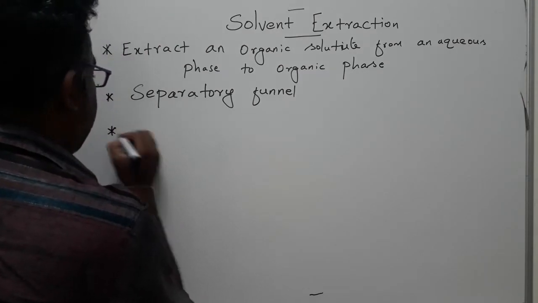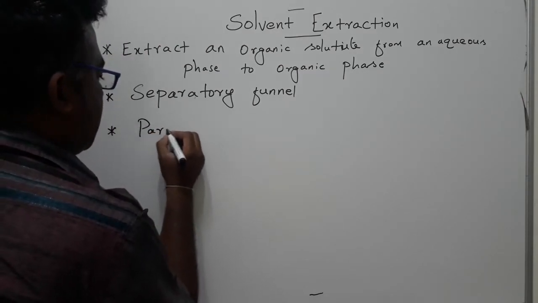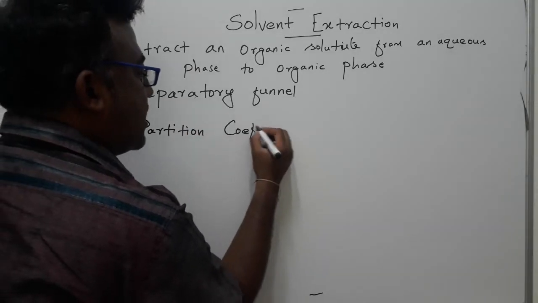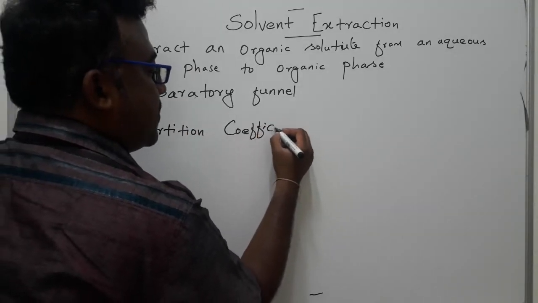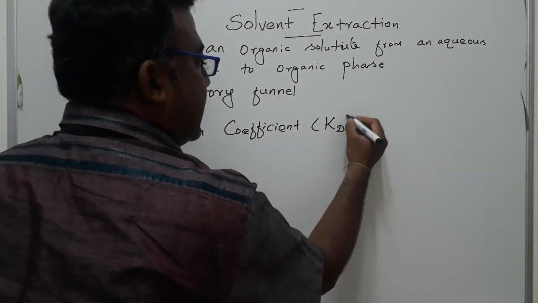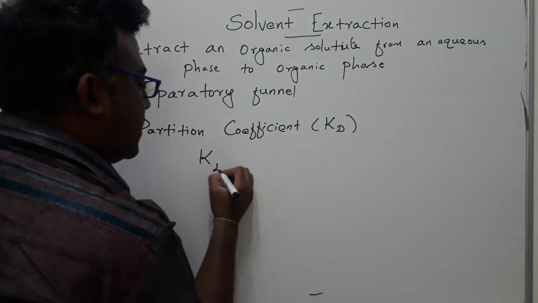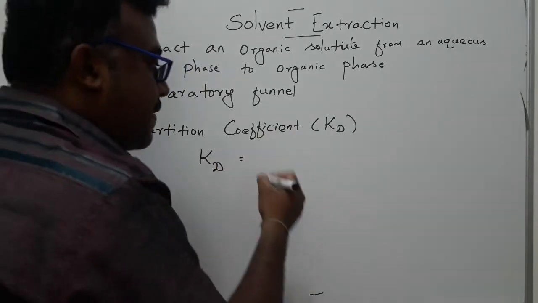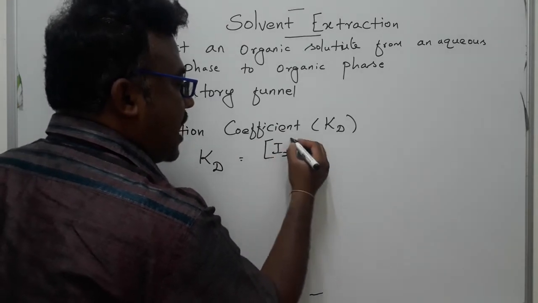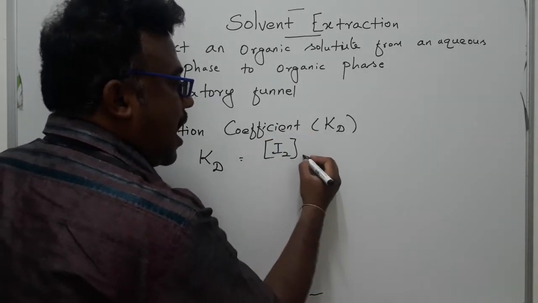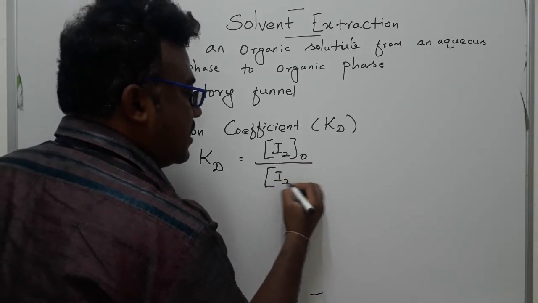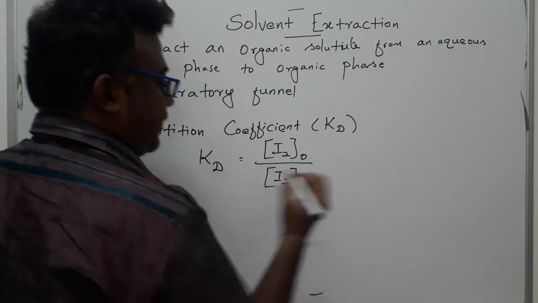Distribution coefficient or partition coefficient will be denoted by the symbol Kd. Kd is equal to the concentration of solute, in this case iodine, in the organic layer divided by the concentration of iodine in the aqueous layer.